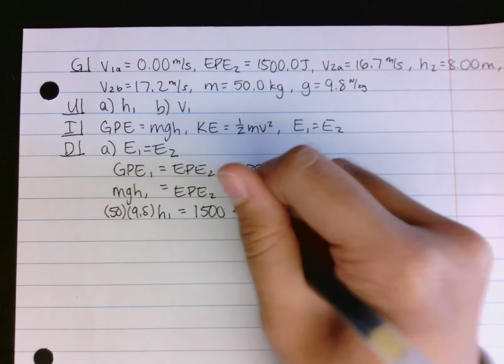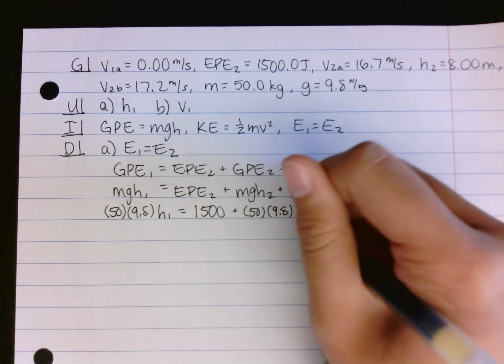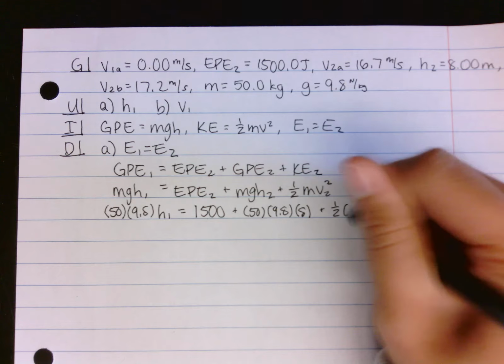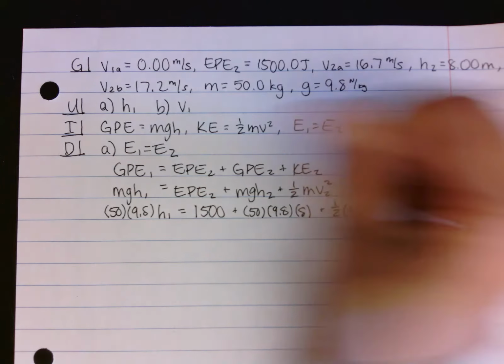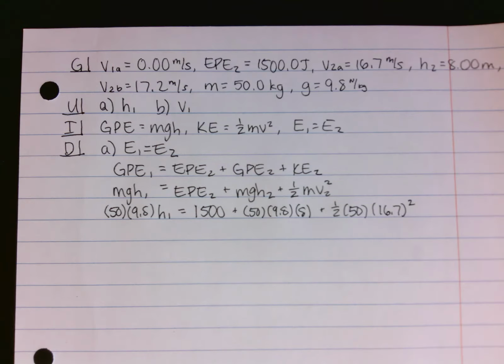1,500 plus 50 times 9.8 times height 2, which is 8, plus 1/2 times 50 times V2, which is 16.7, squared.